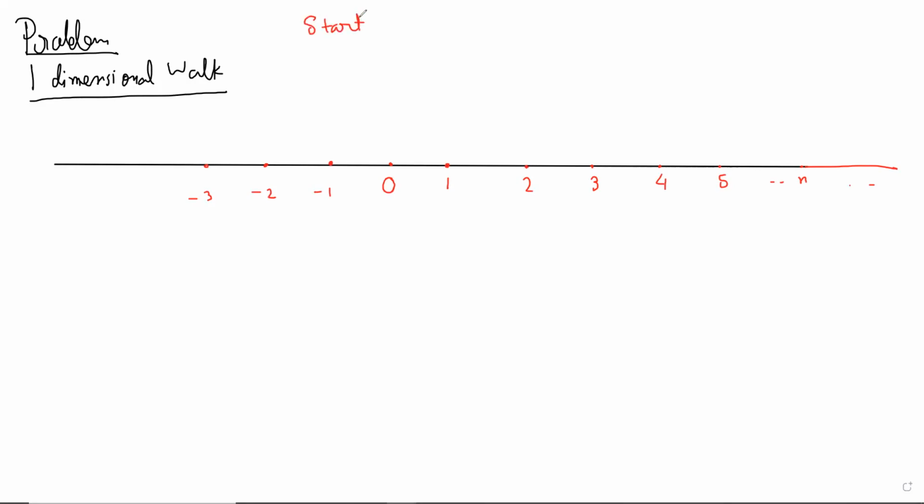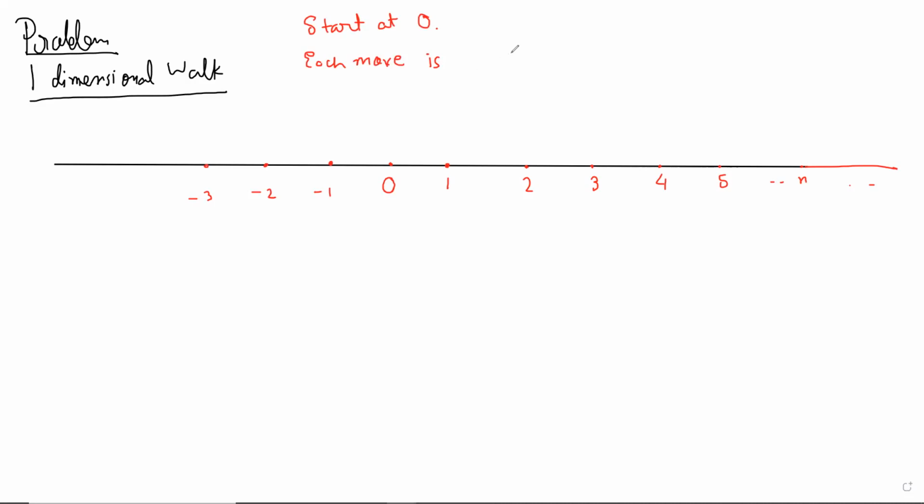So all these are going to be counting problems. Okay, we are going to start at 0. Each move is either one step to the right or one step to the left.